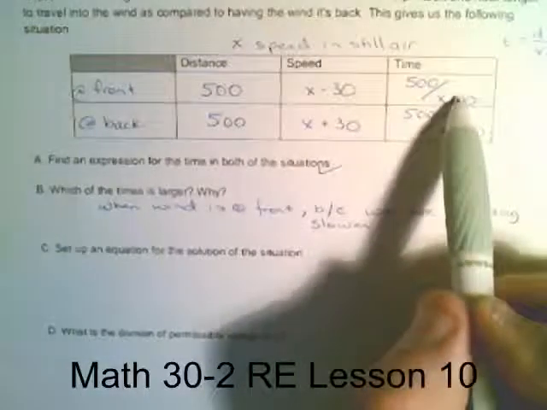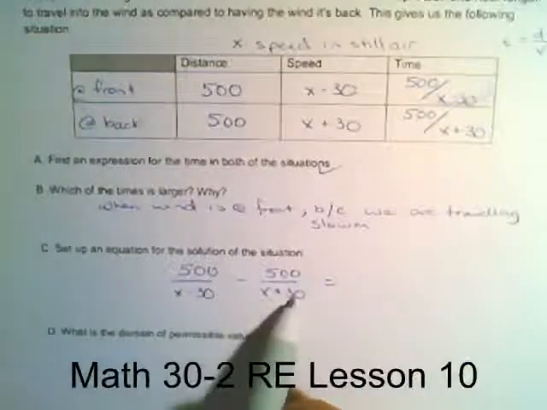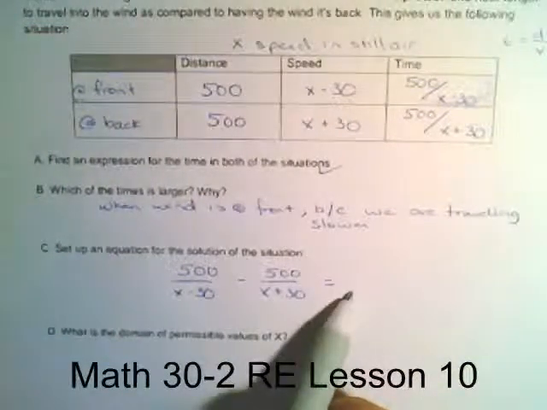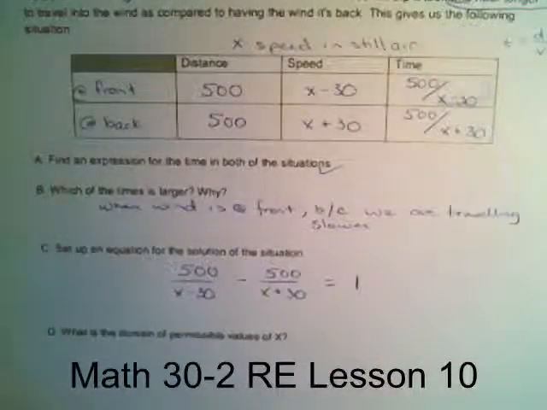So I've got that. Set up an equation. Okay? So the equation, what do I know? Well, I know this is the bigger time. I cannot emphasize that enough. This causes confusion. If this is the bigger time minus the smaller time will give you how far apart they are.